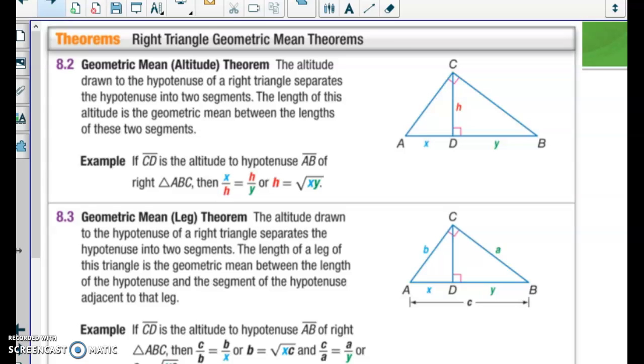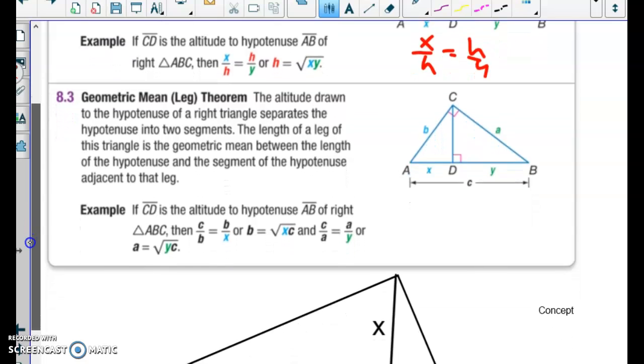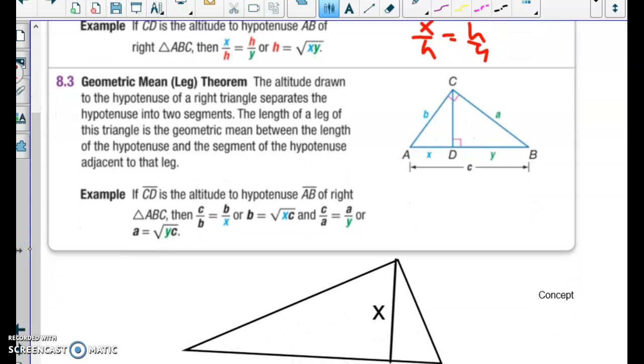Okay. So we have the geometric mean, which is the altitude. So we know that x is to h as h is to y. But we also have the geometric mean in the legs. So let's take a look at over here. We know that x is to b as b is to x plus y, or I think they called it c here instead of x plus y.